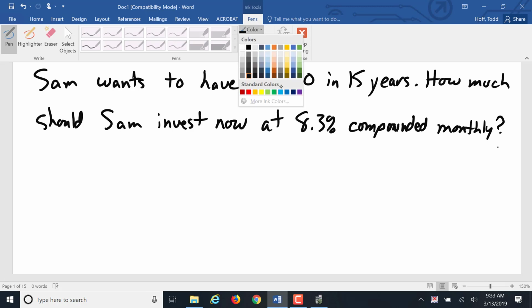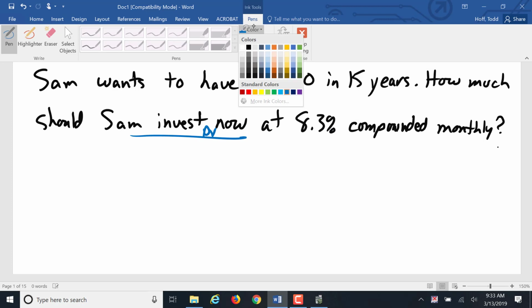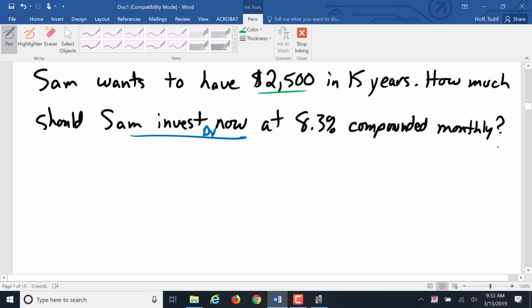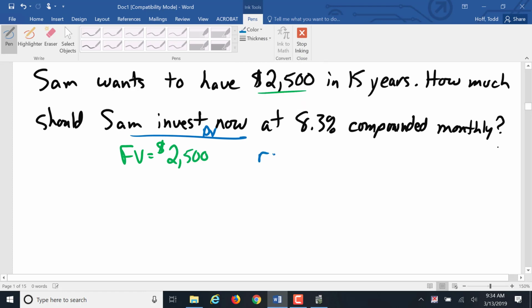So we're asking how much Sam should invest now. So that implies we're asking for a present value. So the future value is that $2,500. Our rate, 8.3% or 0.083.